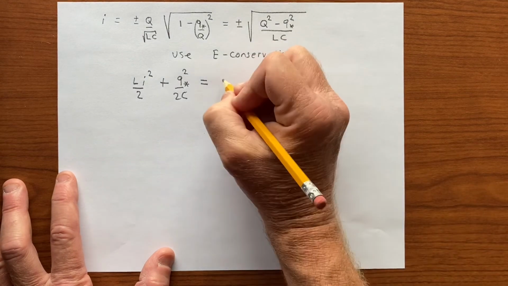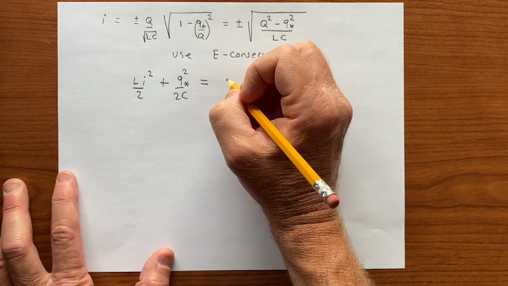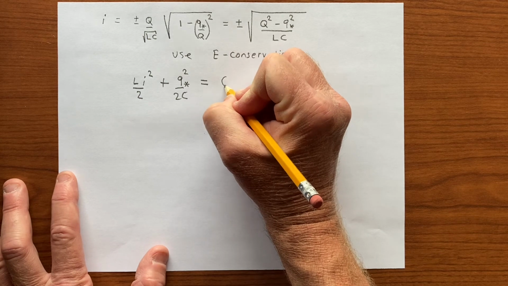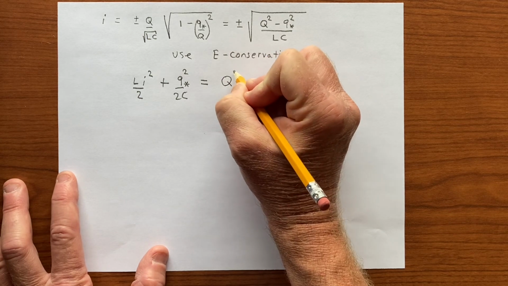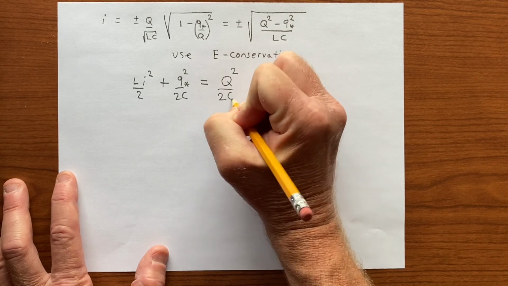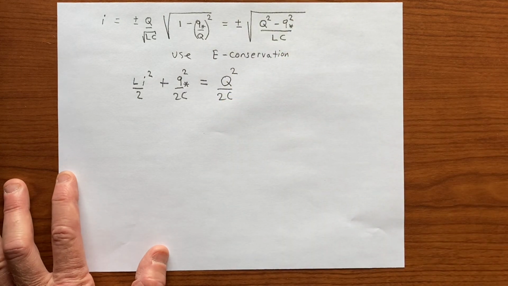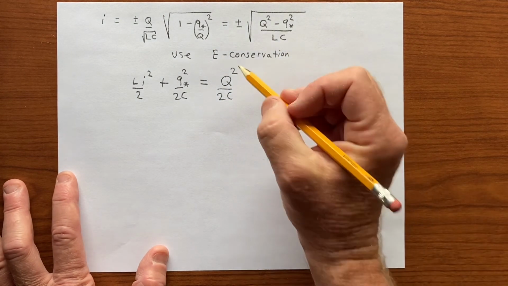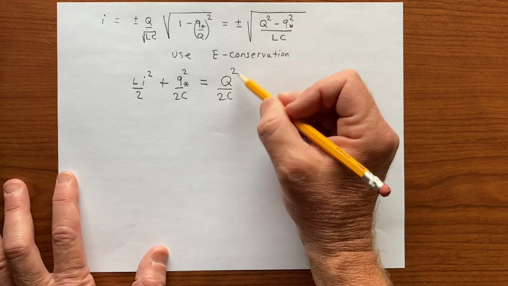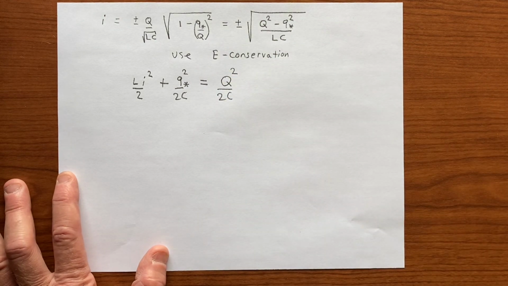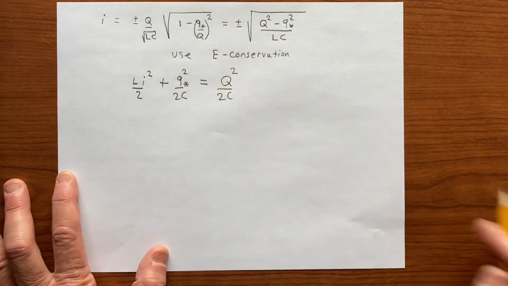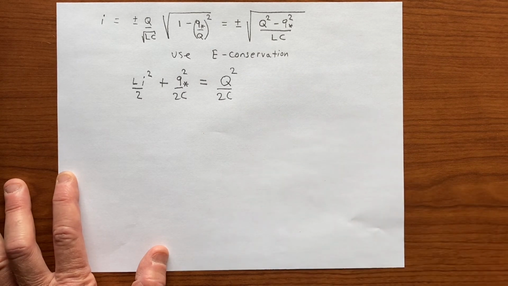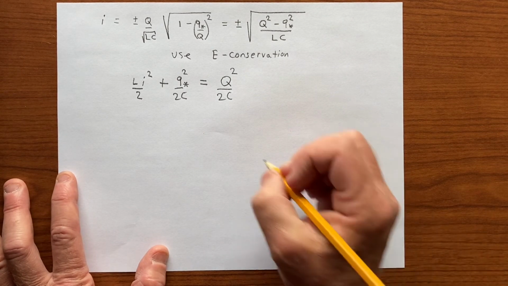But the total energy can be written in terms of the known maximum charge, capital Q squared over 2C. After all, at t equals 0, the capacitor is fully charged, and so the total energy in the LC circuit must be that. So it's just a one-line expression, and we can solve for the current.